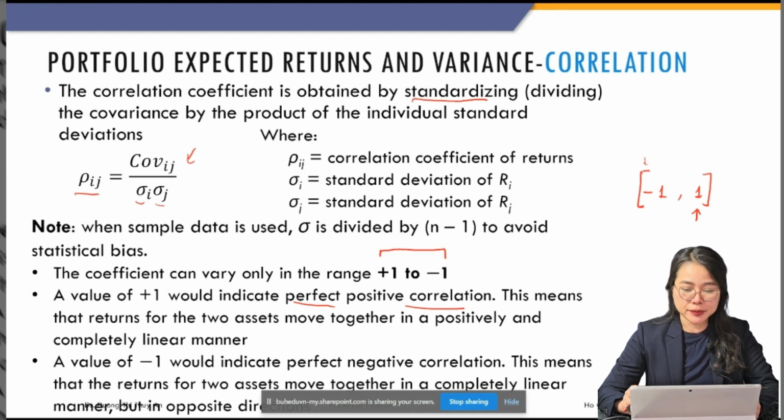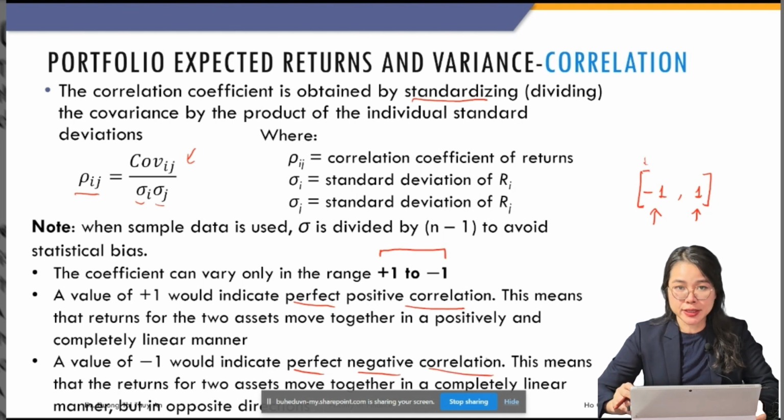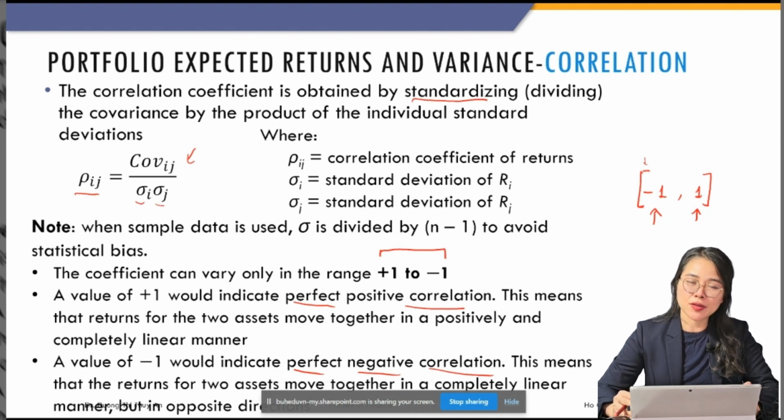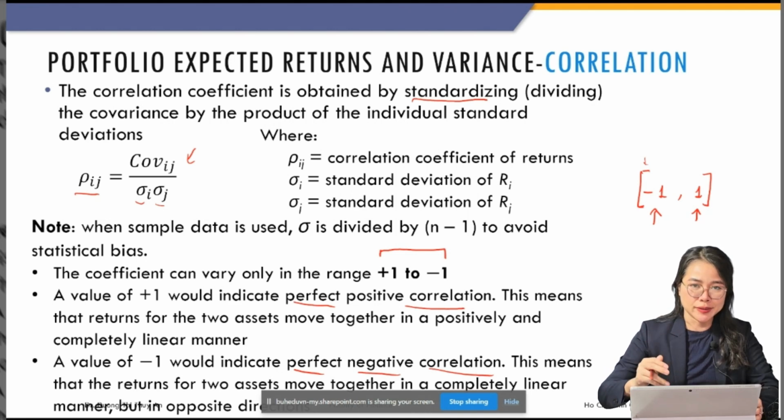And when rho is -1, then we say the two financial assets have a perfect negative correlation. In reality, we hardly find two distinct financial assets that have perfect correlation, either negative or positive. So usually it ranges between -1 and 1.